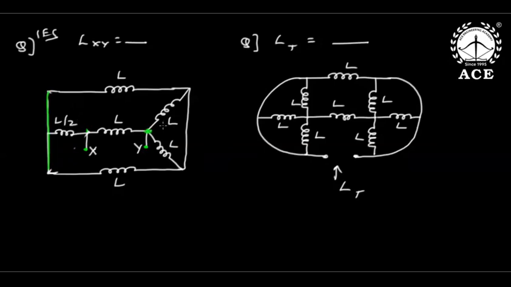Again, here also, between this node and this single node, L, L parallel again becomes L by 2. Again, between this node and this node, these two are parallel, and L, L parallel again becomes L by 2.